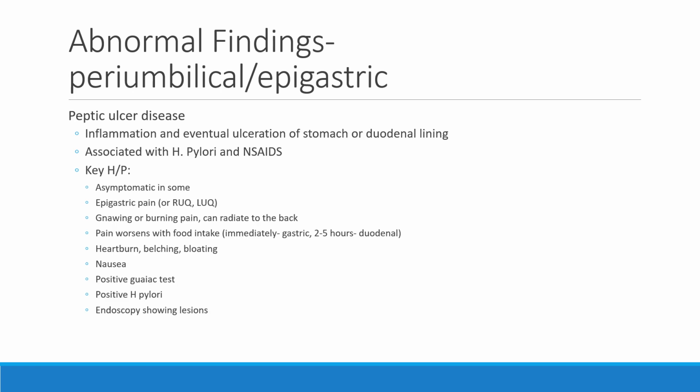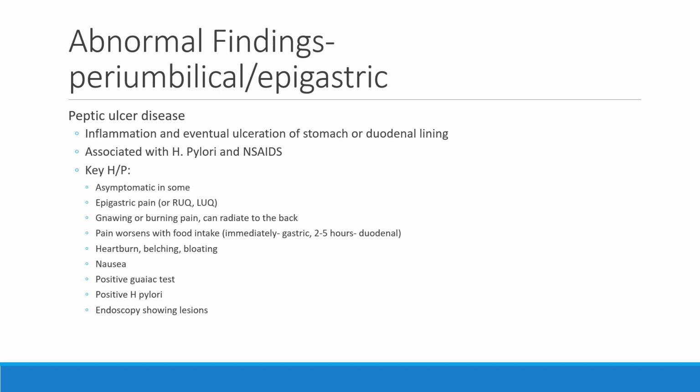Peptic ulcer disease is inflammation and eventual ulceration of the stomach or duodenal lining. It is associated with chronic use of NSAIDs and H. pylori. Key history and physical findings. This can be asymptomatic in some people. It can cause epigastric pain, right upper quadrant or left upper quadrant pain. The pain is typically described as a gnawing or burning pain, which may radiate to the back.